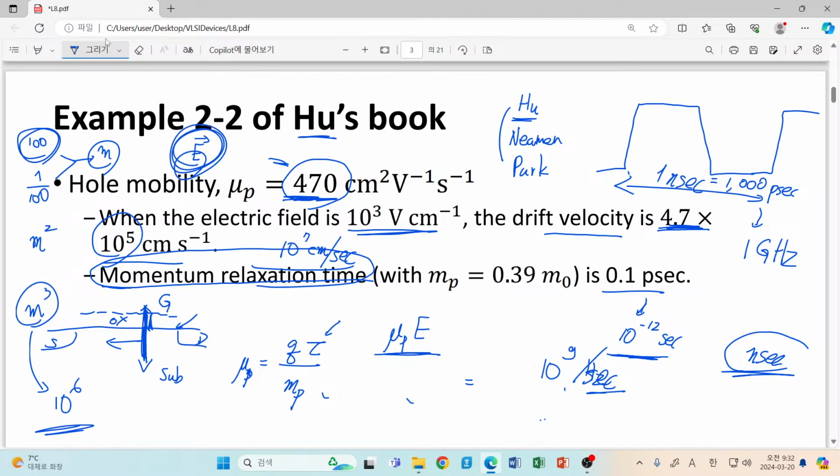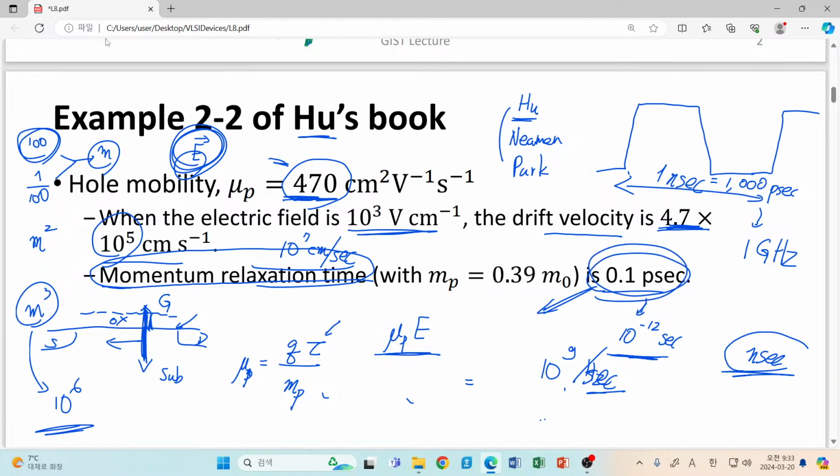And with this change of the electric field, your electron or hole should have a new velocity. In order to get new velocities, or a new state of carrier transport, it should actually suffer from several scattering mechanisms.